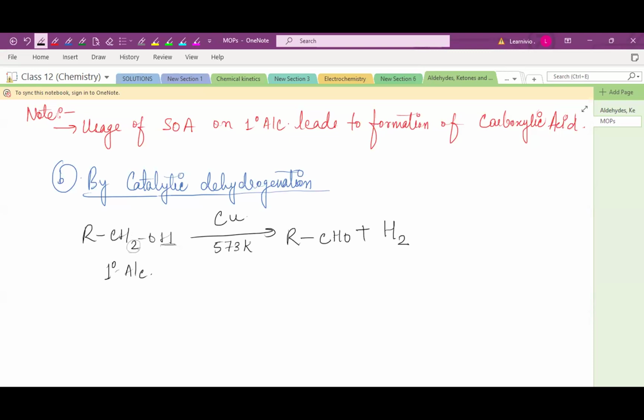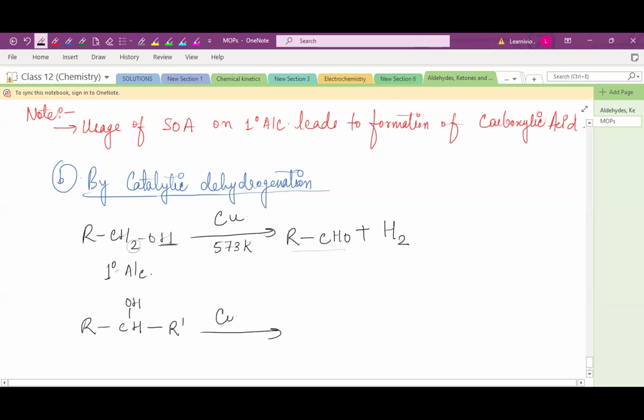Yes, ma'am. So understand the mechanism, what you're supposed to remove, because it's a dehydrogenation, removal of hydrogen. Two hydrogens you have to remove, one hydrogen from this OH and one hydrogen from here. You will get this aldehyde. Now see, if you have the secondary alcohol, RCH, and here another R dash. Two different alkyl groups are attached, and here OH. So this is a secondary alcohol.